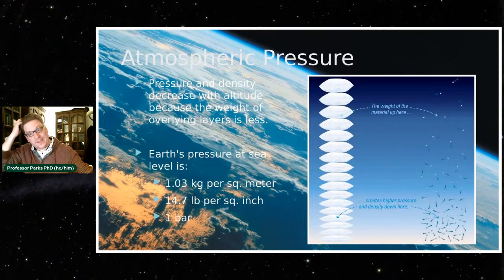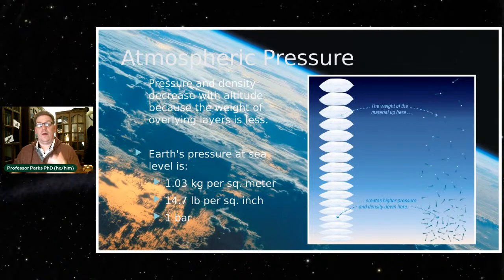More often than not, they will hit something and get redirected in a random direction. But ultimately, as a whole, the gases stay around the world because gravity is keeping them in place, keeping them surrounded around the Earth.